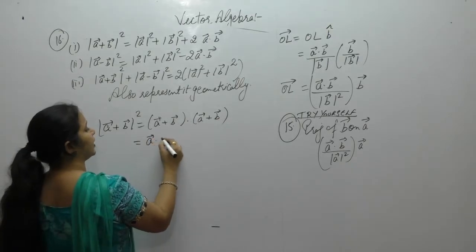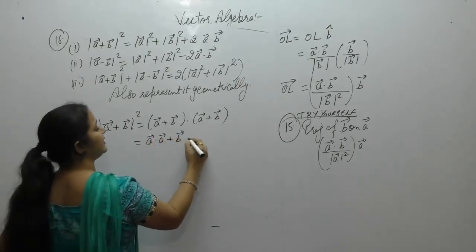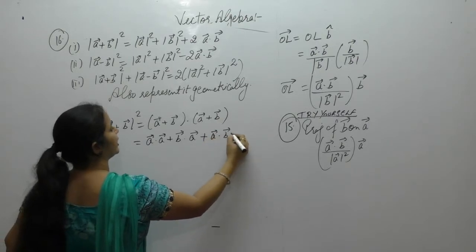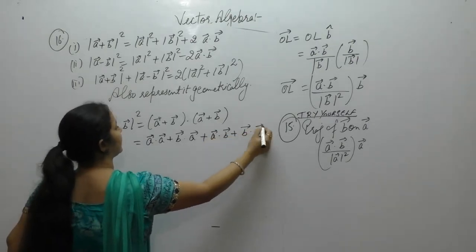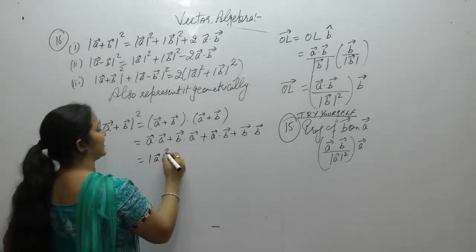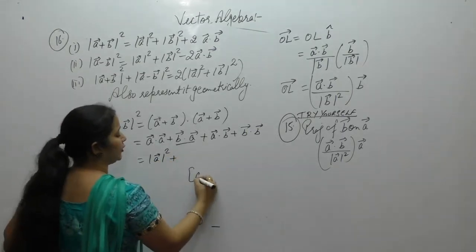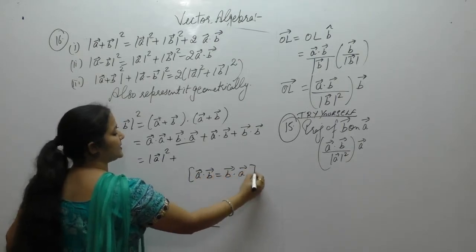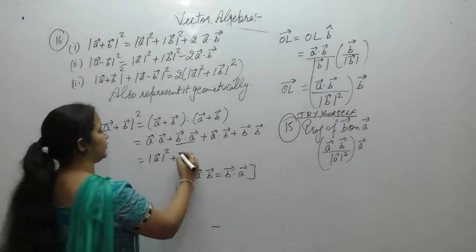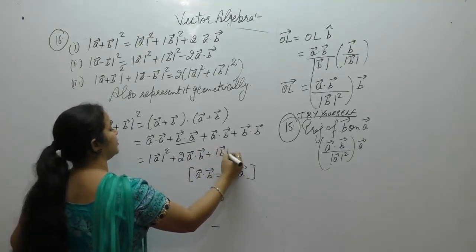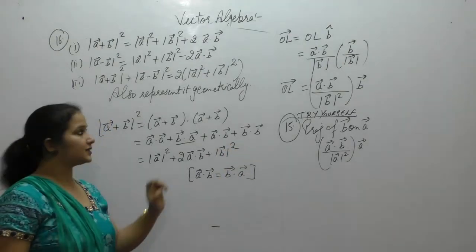A vector dot A vector plus B vector dot A plus A vector dot B plus B vector dot B. A into A is magnitude of A vector square. We know that dot product is commutative, A dot B is equal to B dot A. Therefore, it is 2 times A dot B plus magnitude of B vector square.